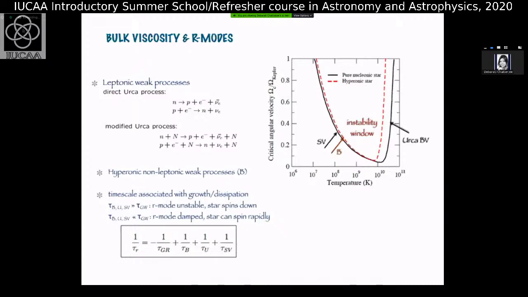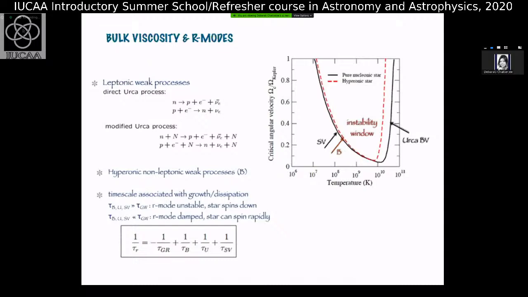produce the black curve that you see in the figure. So basically this figure, which shows the critical angular velocity versus temperature, is called the instability window of R modes. And this is defined by the balancing of the bulk viscosity and the gravitational wave emission.